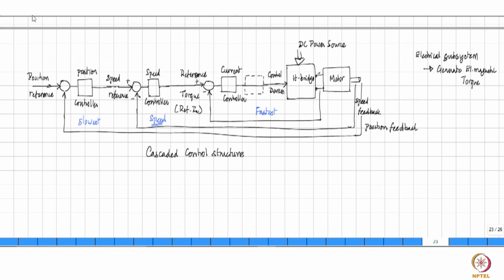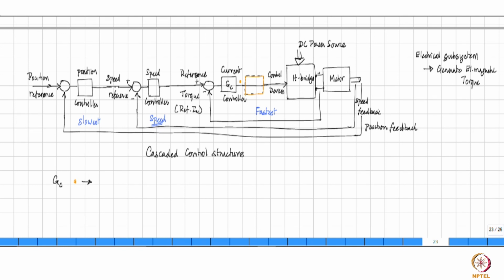Now comes this system which is there in between here, that is this one. What does this block do? Now the output variable that is given at this position, this is what this block, let's call it GC.